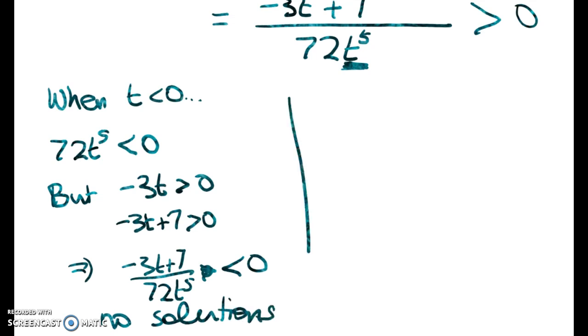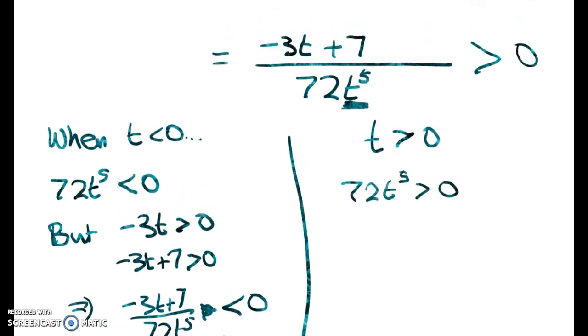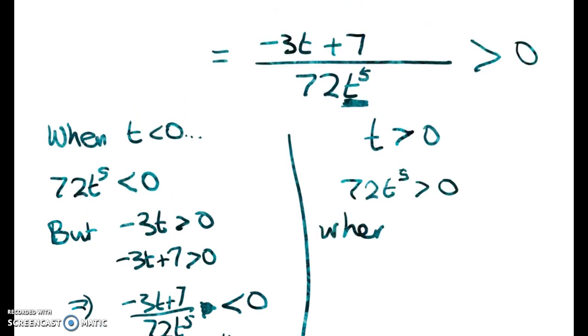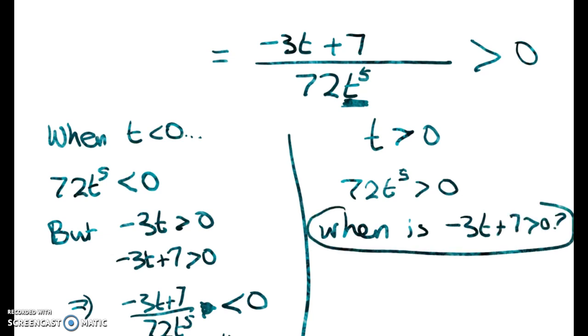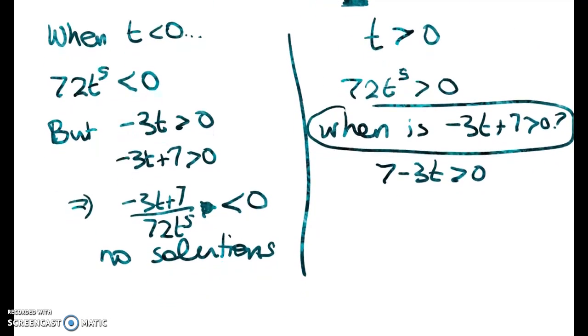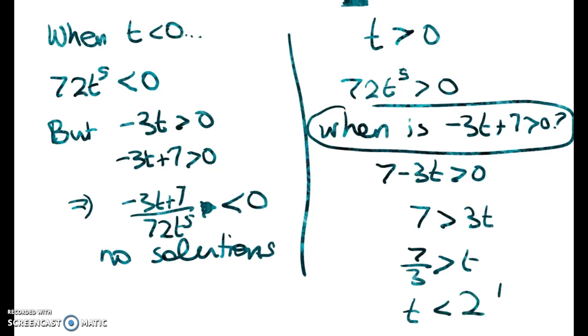That's quite good. Now, what about when t is positive? 72t to the power of 5 will be positive, and we need to figure out when 7 minus 3t is positive. This is a very simple little equation: 7 is greater than 3t, adding to both sides. 7 over 3 is greater than t, so t is less than 2 1/3.